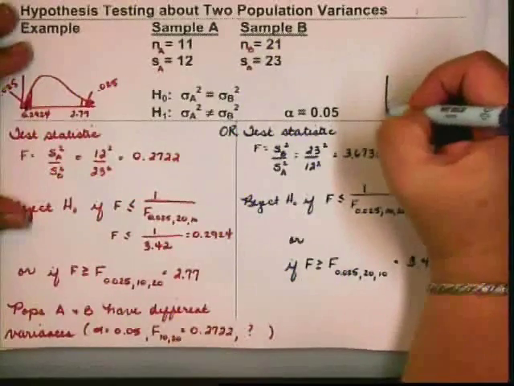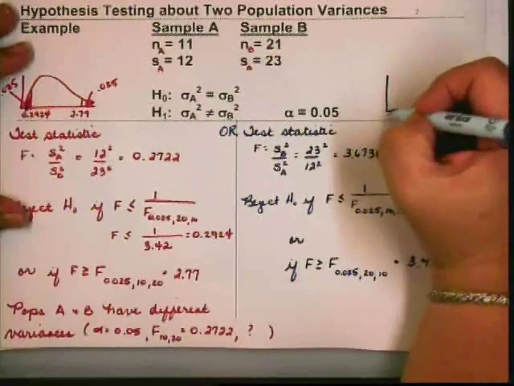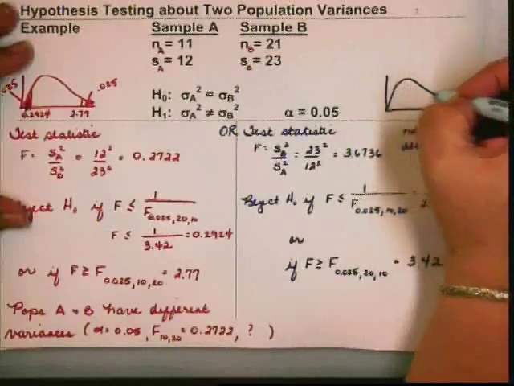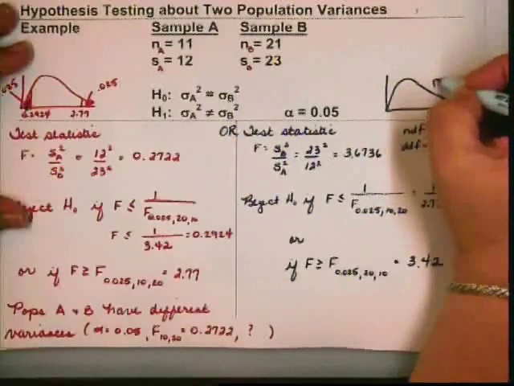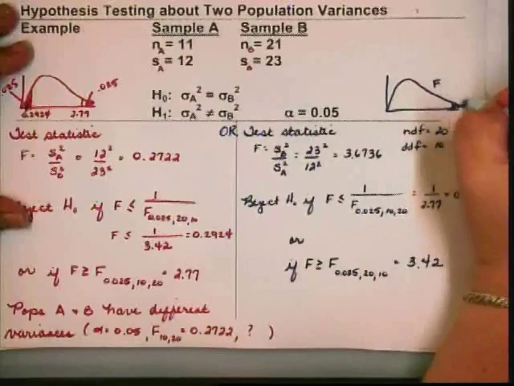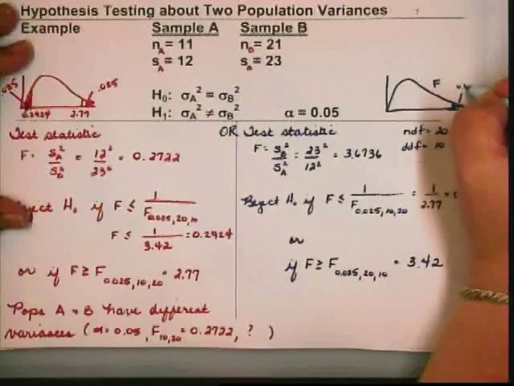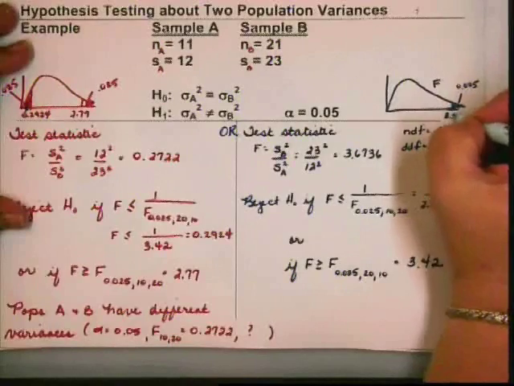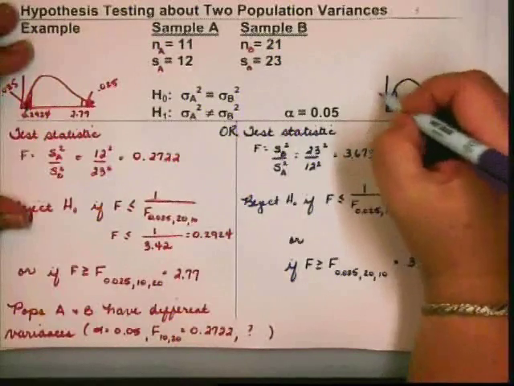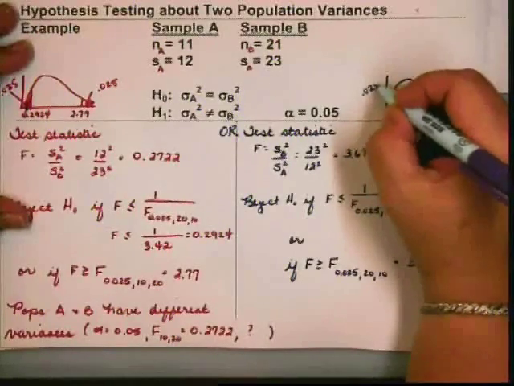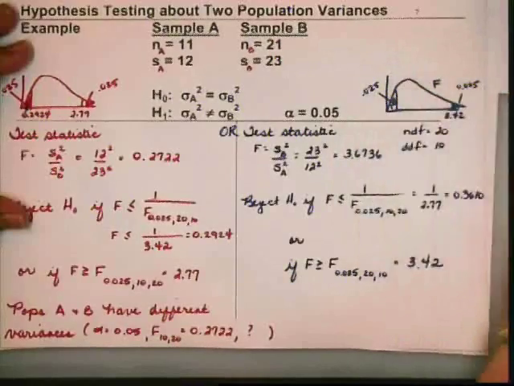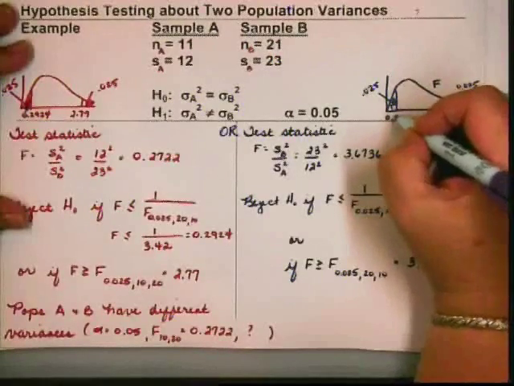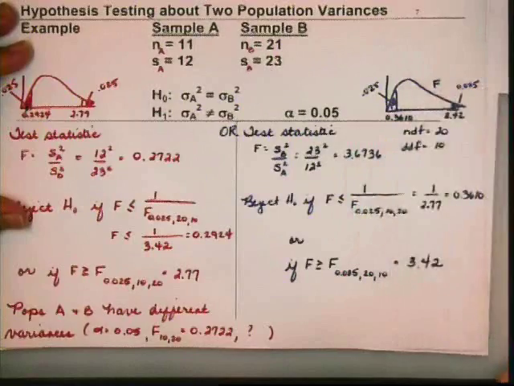So on the purple side over here, while my picture may look a lot the same for F, this right-hand area 0.025 is determined by 3.42. This left-hand area 0.025 is determined by 0.3610.